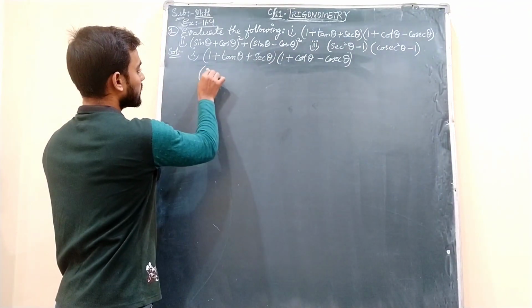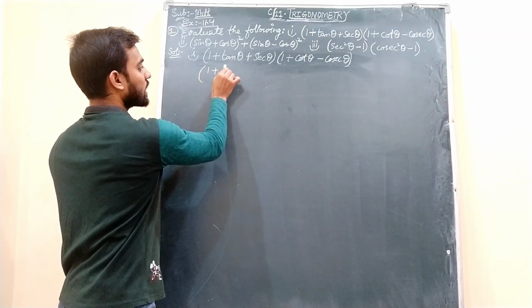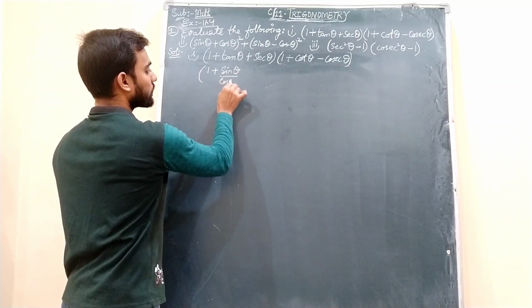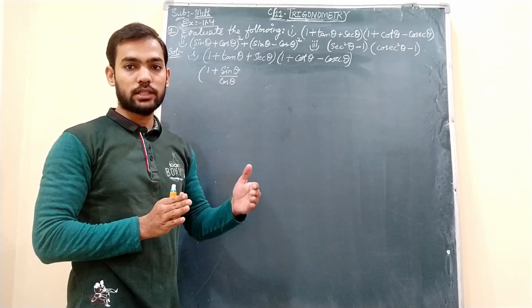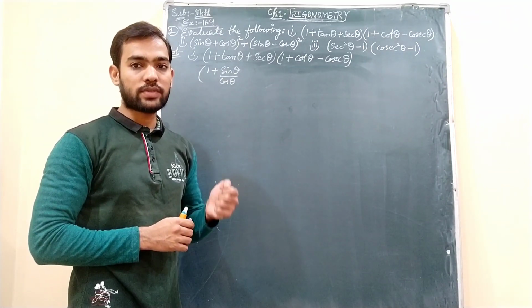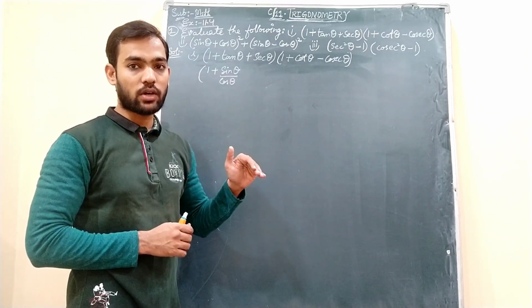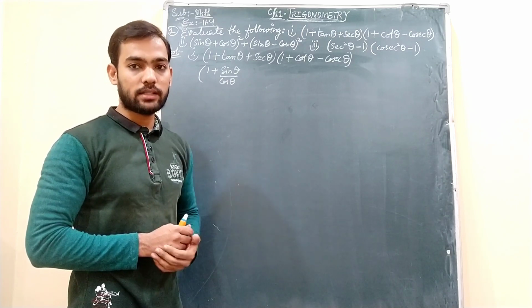Next, this one I will keep as it is. This tan theta can be written as sin theta by cos theta. In our second set of formulae, where we did trigonometric ratios of specific angles, after getting the values of sin theta and cos theta, for writing tan theta we did sin theta by cos theta, like 1 divided by 0 is not defined.